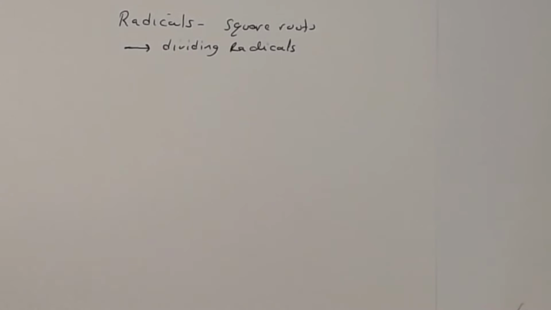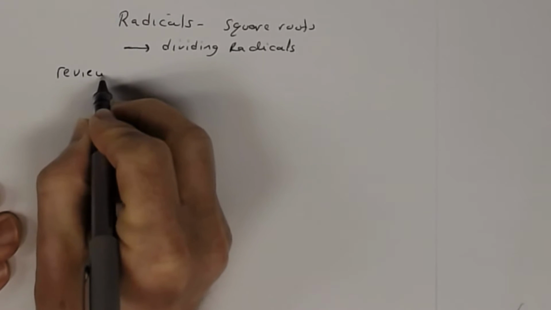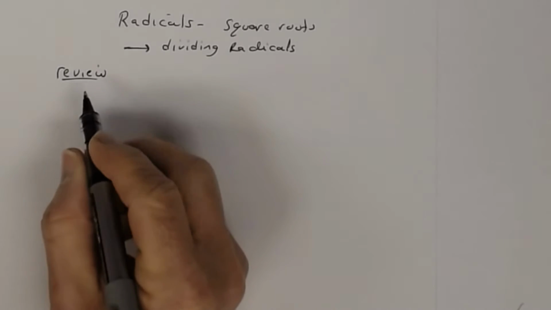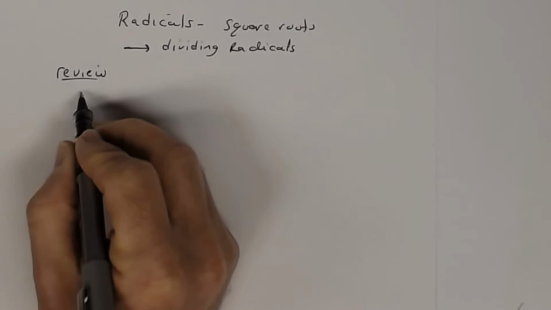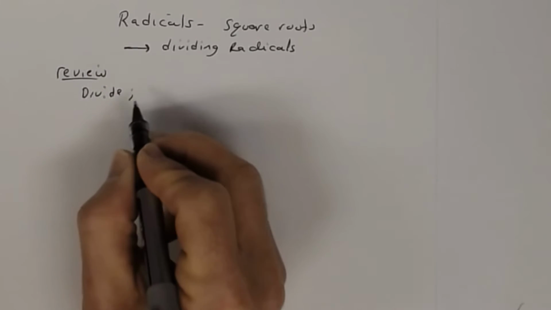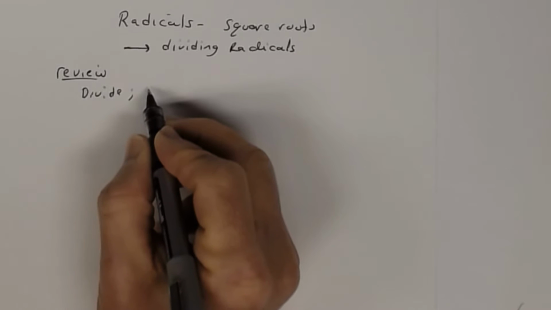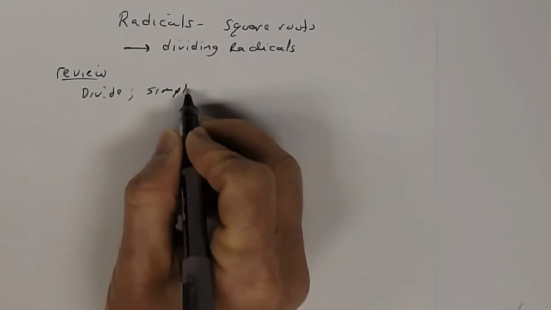Now, you divided radicals before, so let's review that idea from a previous lesson. In that lesson, you were asked to divide, and remember, when you're dividing radicals, you need to make sure that you simplify as well.